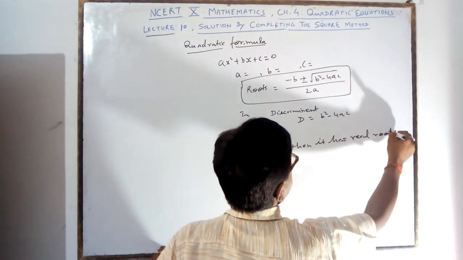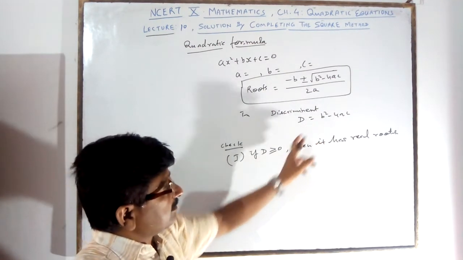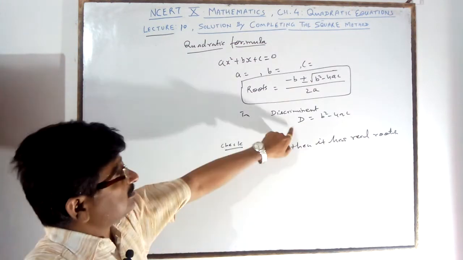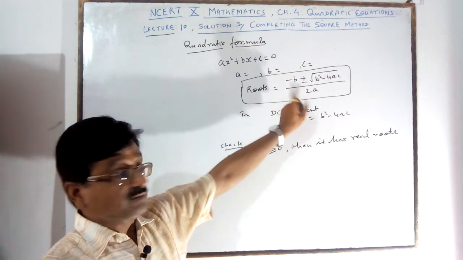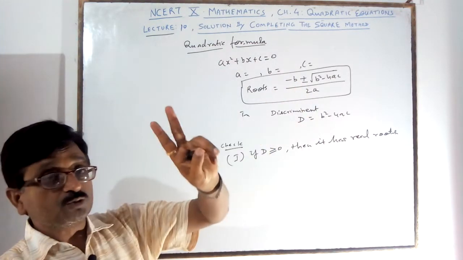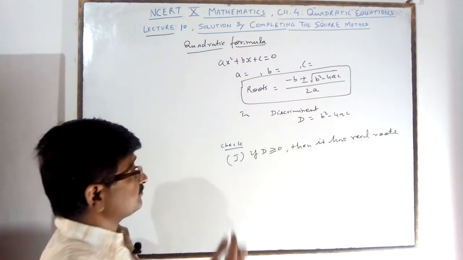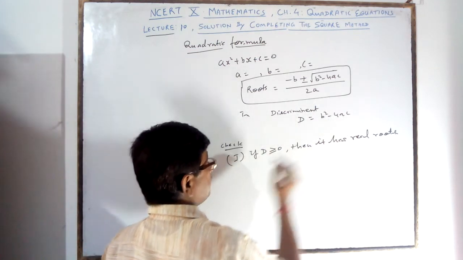Plus minus, as I told you in the previous lecture, one sign with plus and one with minus, means there will be two roots of x, called alpha and beta.